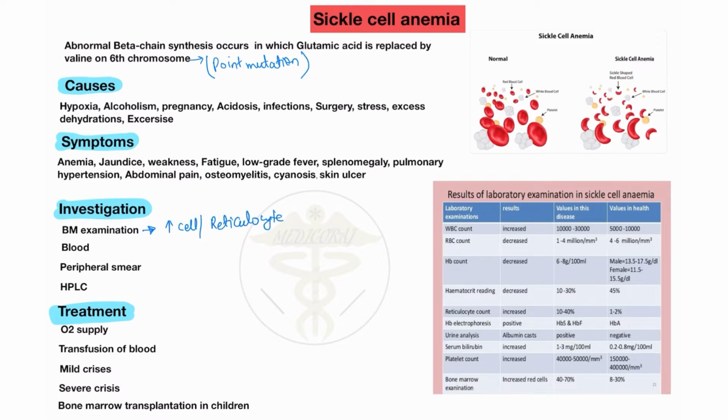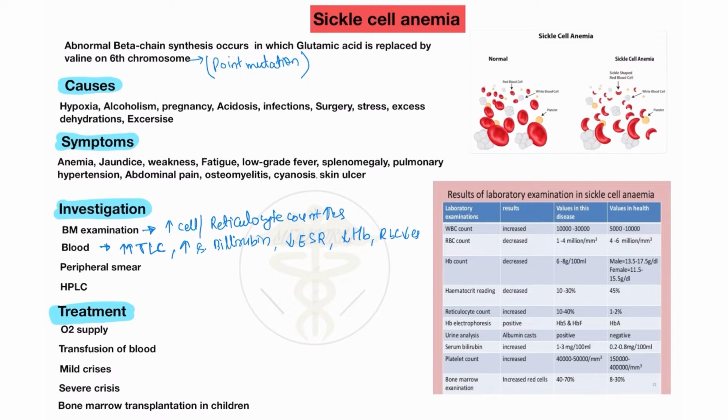In the blood test, you will see total leukocyte count increases and serum bilirubin increases. Also you will see a decrease of ESR value. Hemoglobin level is less and RBC count also decreases in the patient.